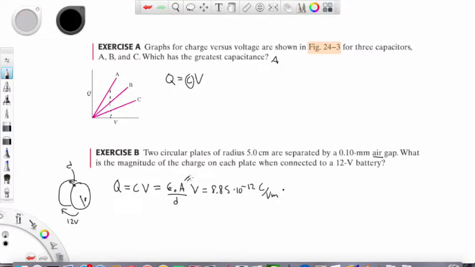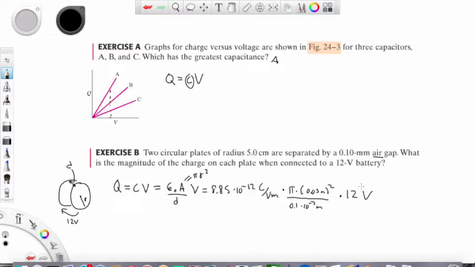The area is of course the area of a circle, pi times the radius, 5 centimeters, 0.05 meters squared, divided by the air gap, 0.1 times 10 to the minus 3 meters, 0.1 millimeters, and then the voltage, 12 volts.